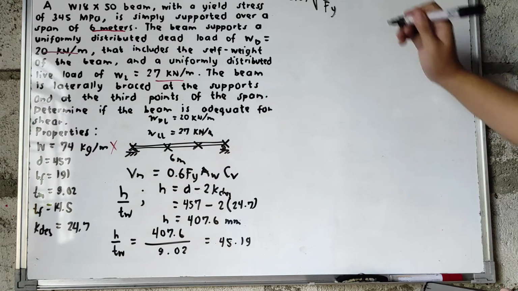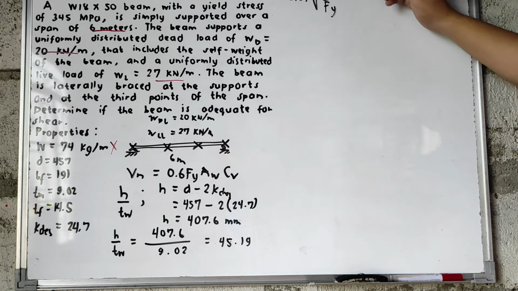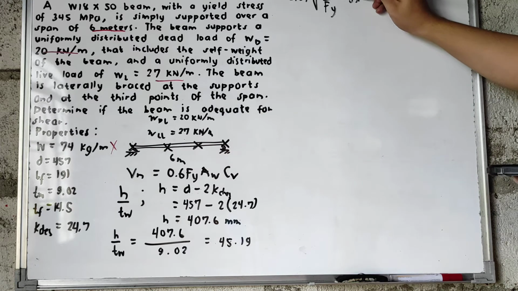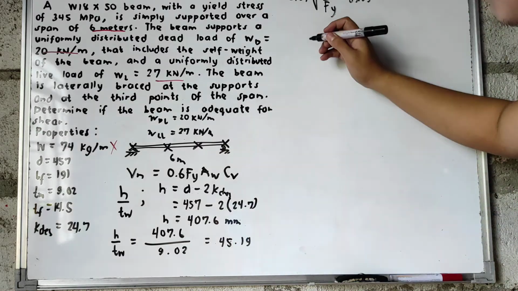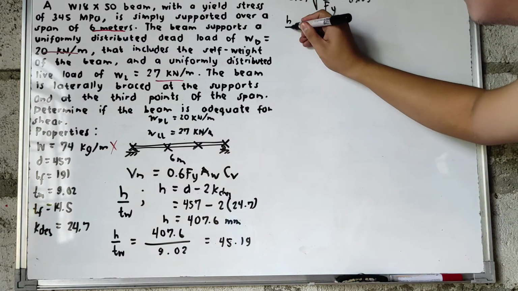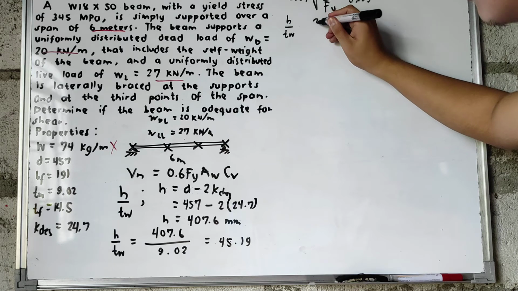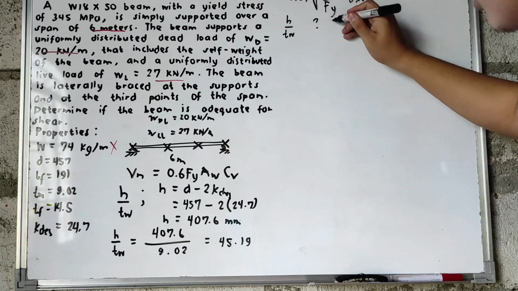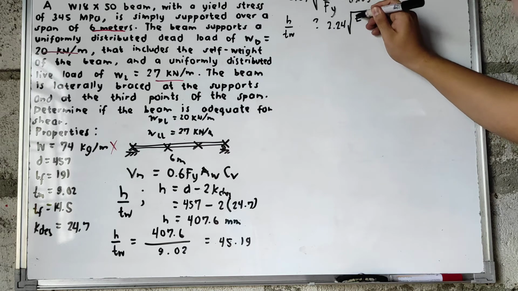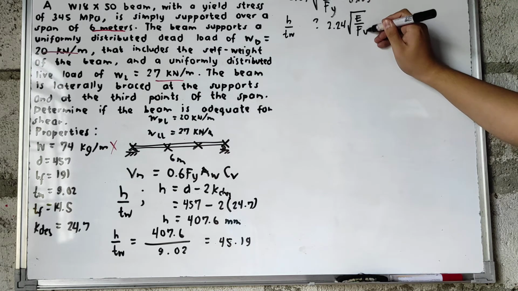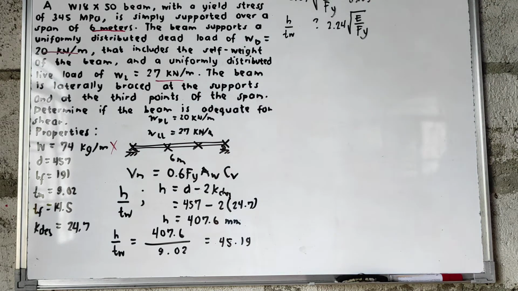So we have a ratio which is equal to 53.93. So we are going to compare the two ratios, h over tw and 2.24 square root of E over Fy.